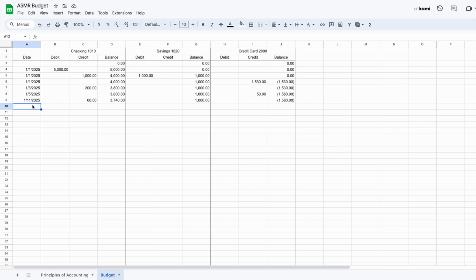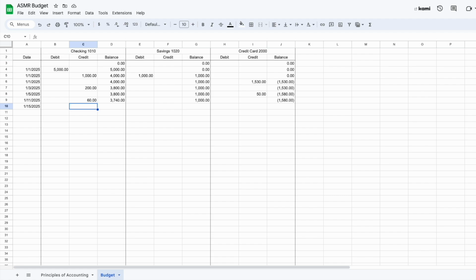Then, let's say you remember to pay off your credit card. On the 15th, you set a reminder on your phone to pay it off. Now, the money has to come from somewhere.